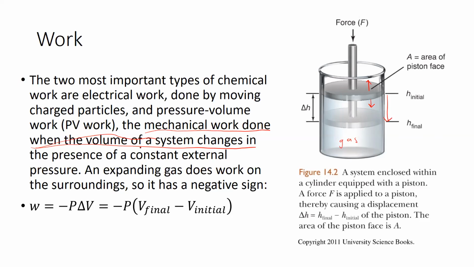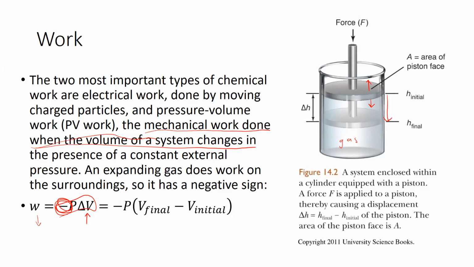When we think about the work on the system, it is based on negative P delta V. The negative sign comes from the idea that as the volume of the system goes up, the work of that system is going to go down, because in that case you're doing work on the surroundings.